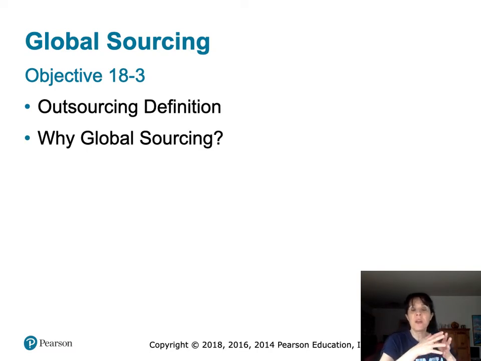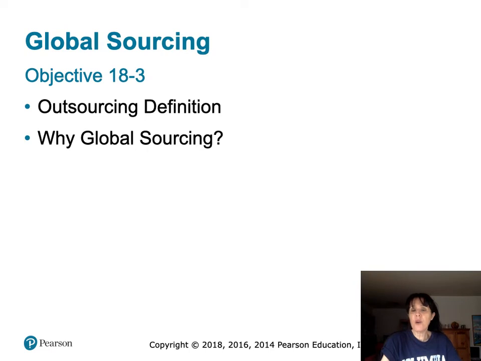Outsourcing basically refers to a situation in which one company externalizes a process or function to another company. Okay, so this company can be within the domestic market or it can be outside of the domestic market.